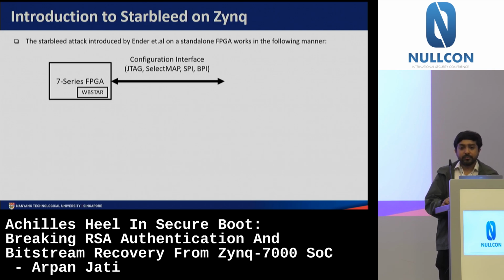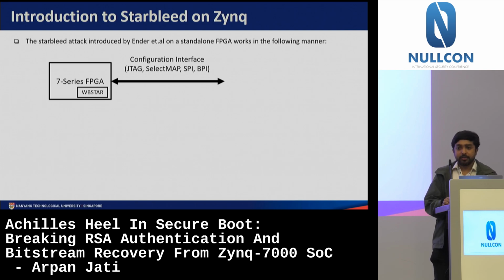Temporarily that information is stored in the WB star, because when the chip goes through a power cycle, the WB star data is not deleted. All other registers are deleted, but this is not. In their attack, they modified the bitstream in a way that the important information is written to the WB star. That's a different attack, but we use that technique.